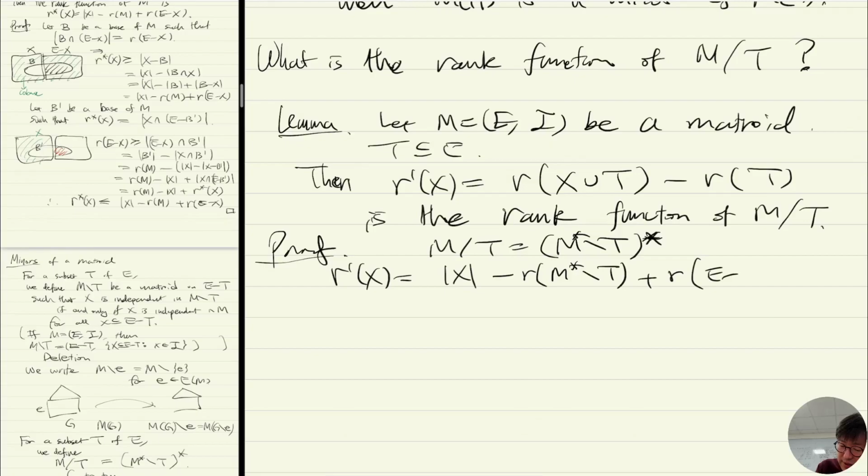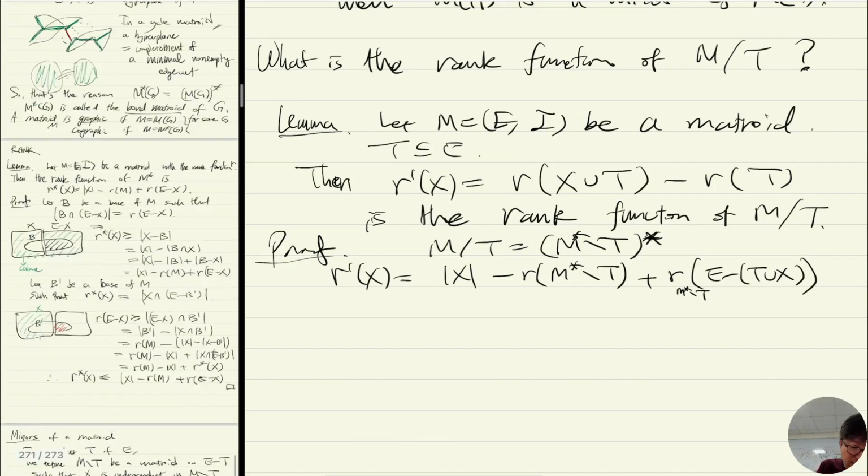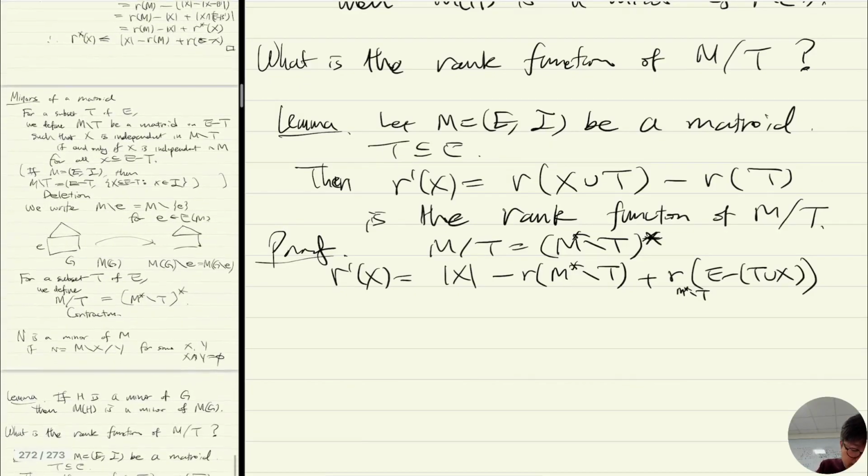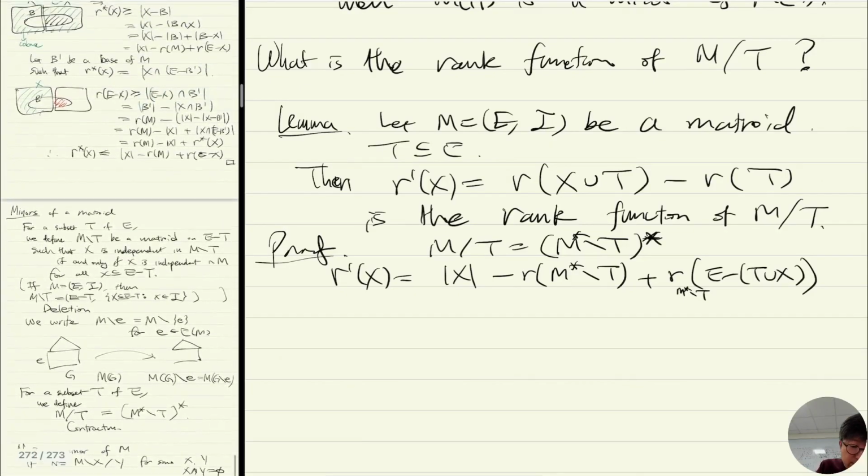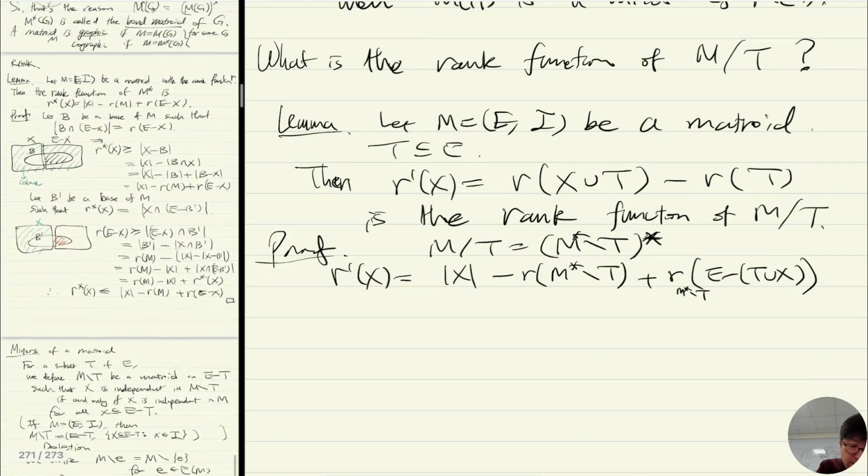The complement is E minus T union X in this matroid. I'm using the formula for the rank function of a dual.